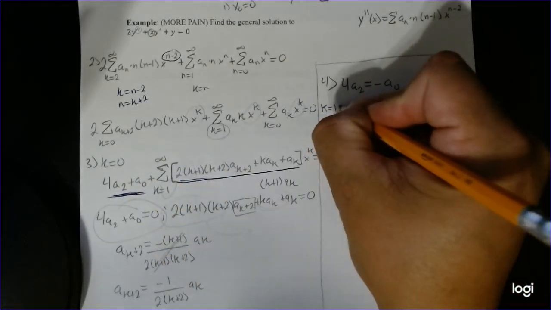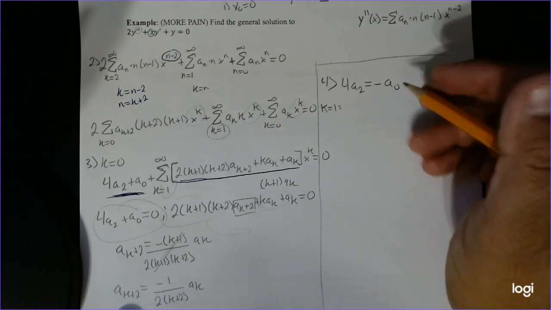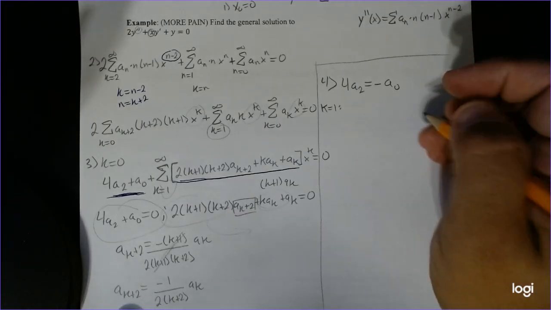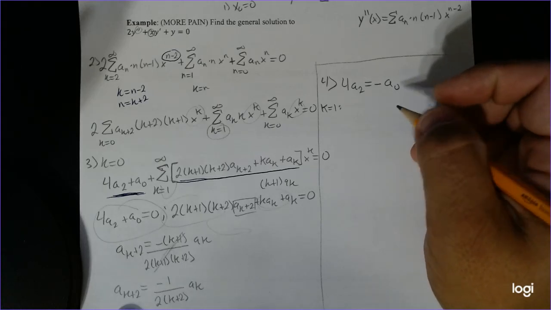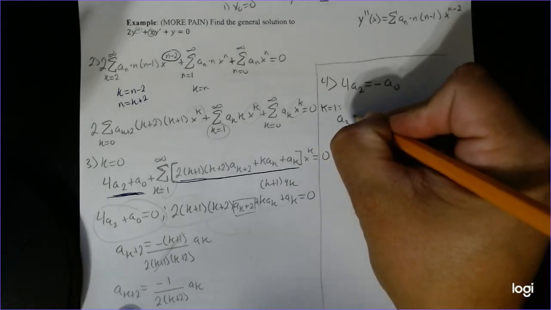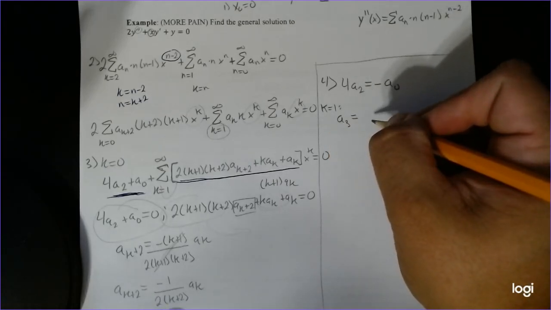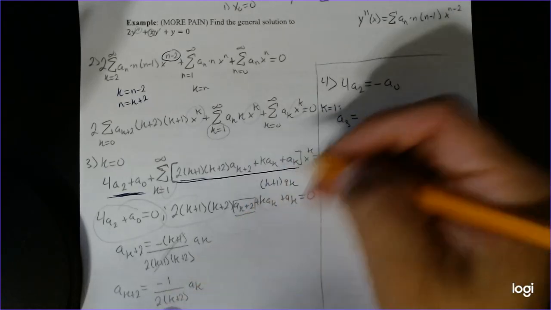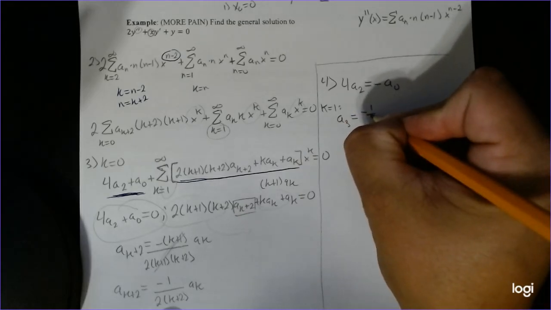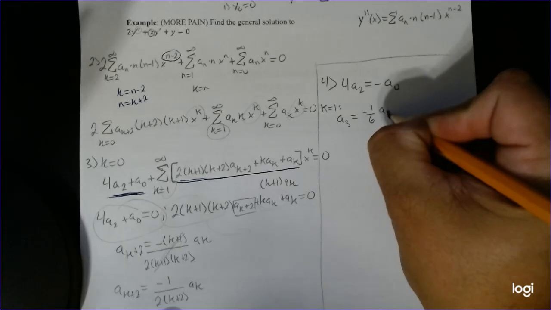So we have 0, so we start at 1. If k equals 1, what do we have here? We have 3, so 3 times 2 is 6, so negative 6 a1.